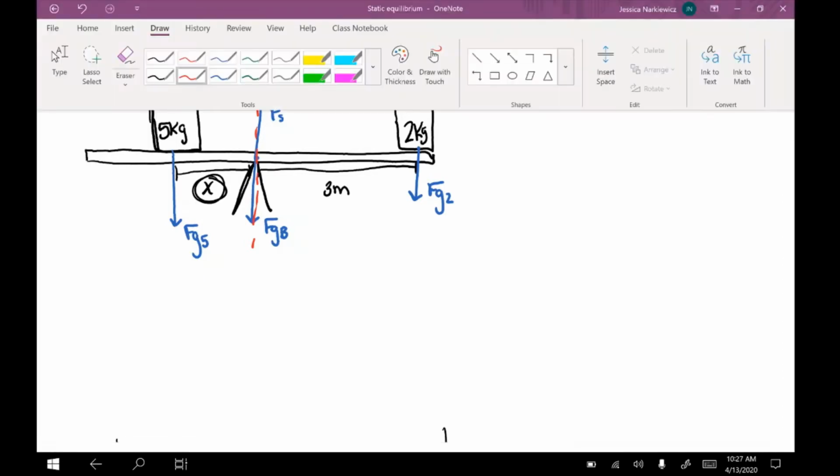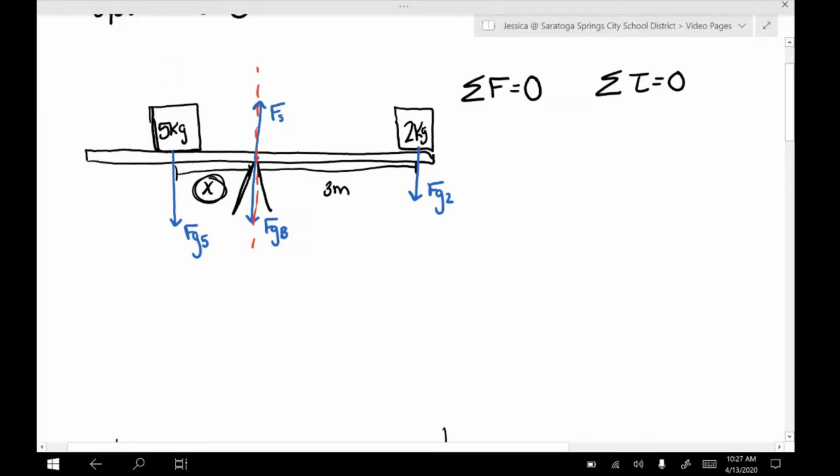Since I'm looking for that distance, that's a good hint that I need to focus on torque first, since torque is the only thing that deals with forces at a distance. So this FG2 is going to create a negative torque, and FG5 is going to create a positive torque. FG2 is clockwise, FG5 is counterclockwise. Remember, you can take the force and rotate towards equilibrium, and that gives you your direction of rotation.